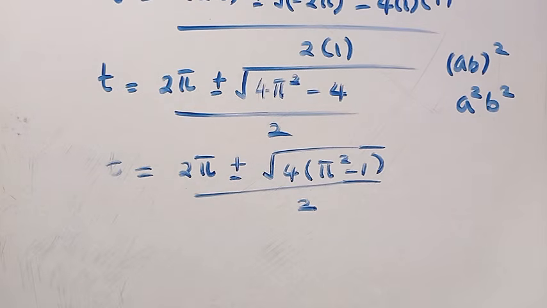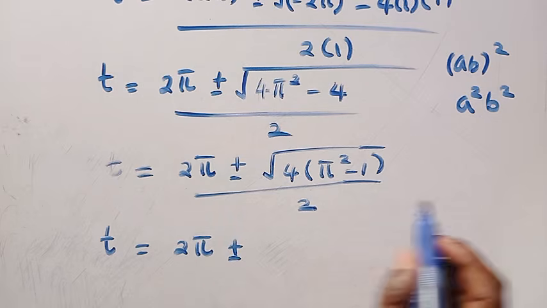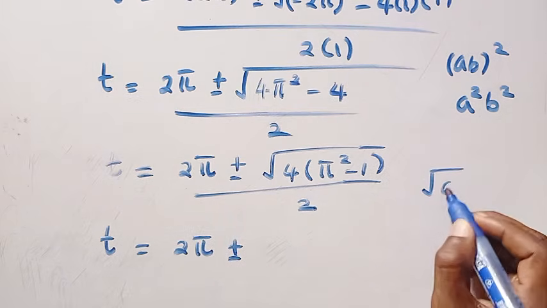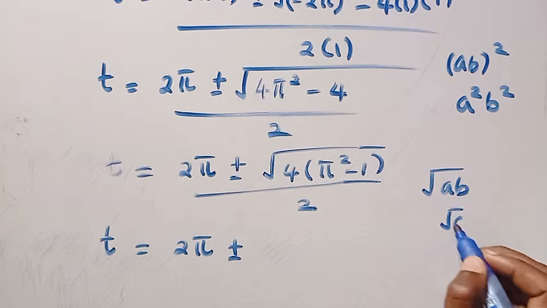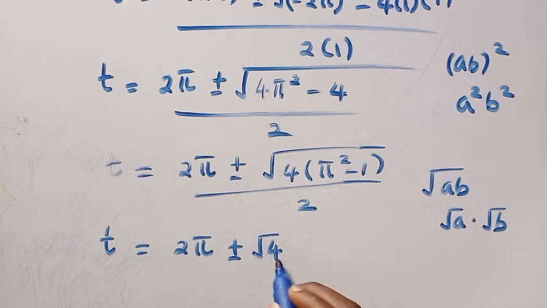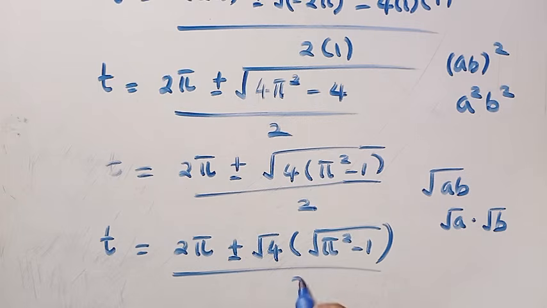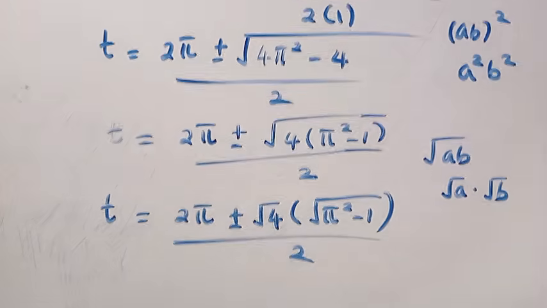Since the square root of ab is the square root of a multiplied by the square root of b, we have the square root of 4 times the square root of pi squared minus 1, divided by 2.